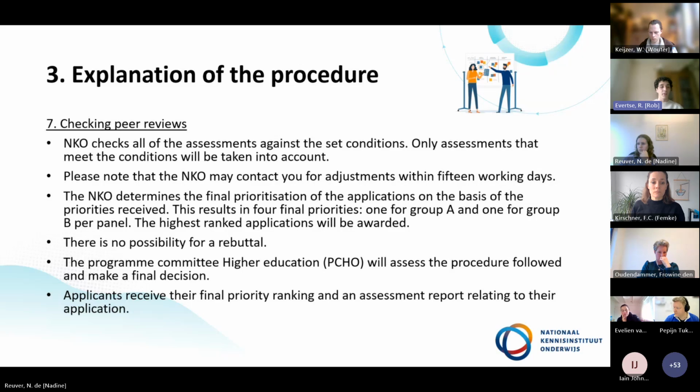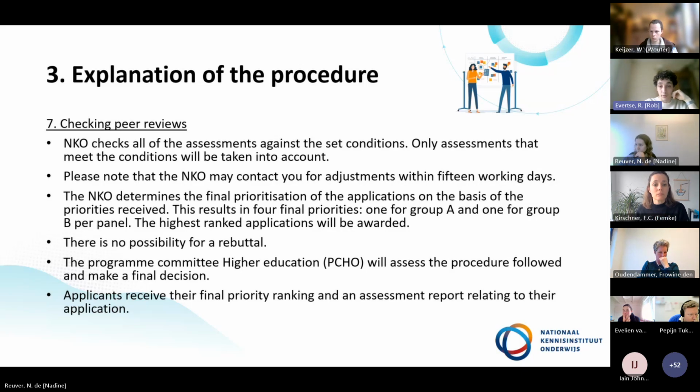So we end up with 4 groups, and we do that by collecting all of the rankings and making a final ranking. And then we award the highest ranked applications. So we do that by awarding applications until the budget for that specific group is exhausted.